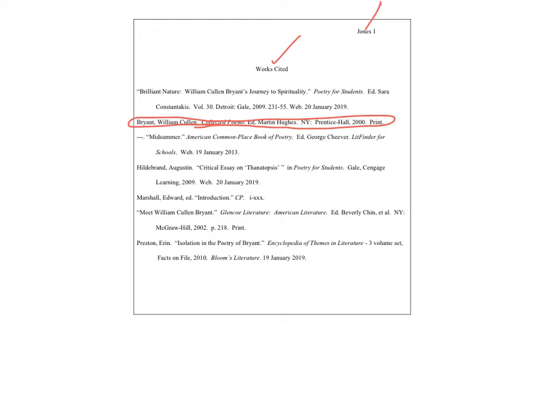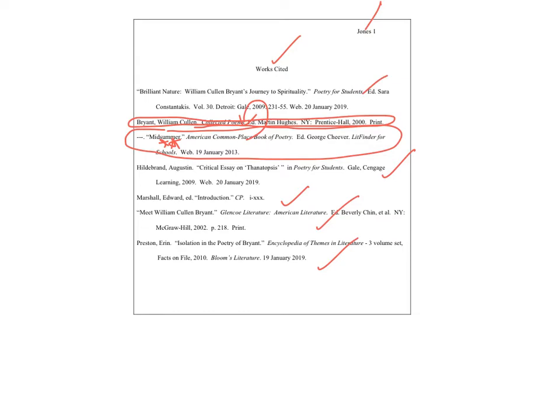But now, out of all of these, actually this is also a primary source. The student wasn't able to find this particular poem in the original volume, so she or he had to find it separately online. Anyway, here are the critics now: Hildebrand, Marshall, an unnamed critic, Preston, and an unnamed critic here.